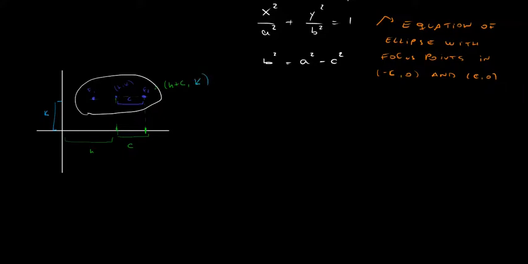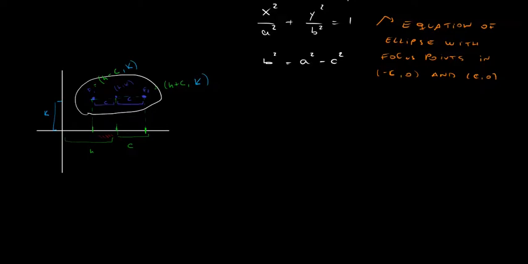F1 is also a distance c from the center. So for F1 we have h minus this segment here, so this is h minus c, and vertically again k.